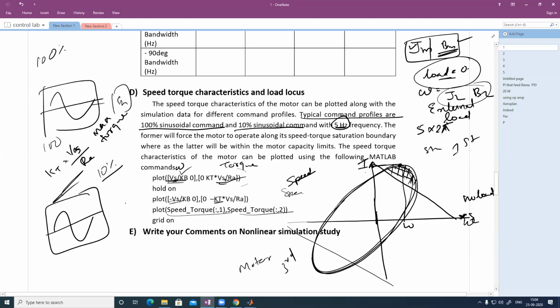This is the torque corresponding to that speed. In automobiles you are saying that this much torque at that speed only. Like that, this motor cannot provide this much torque at this speed because its maximum line is this one. So in this area, if you are getting some load locus like this, the motor is not useful.